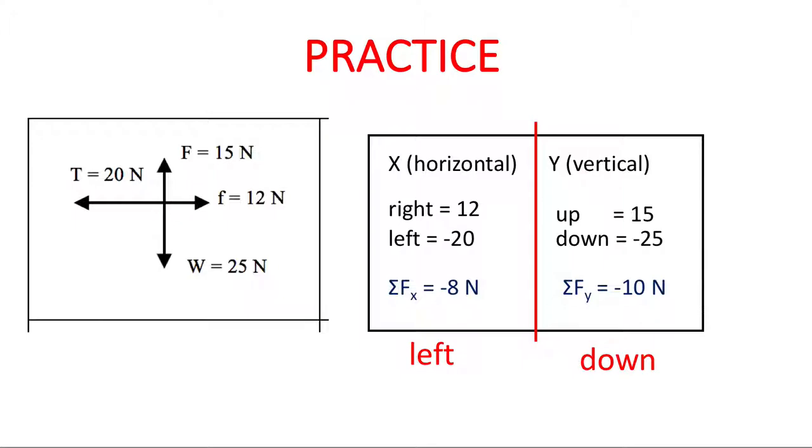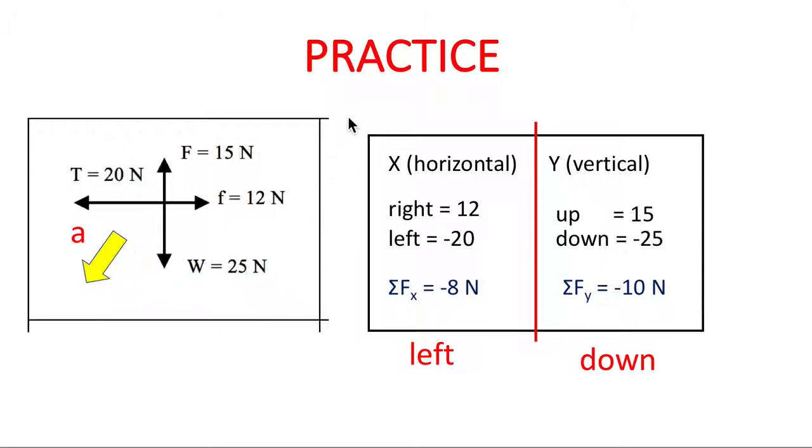When I draw my final answer in my picture, I need to include both left and down in my arrow. And the way that I do that is by drawing the arrow at an angle. So my acceleration vector is going to point down to the left at an angle.